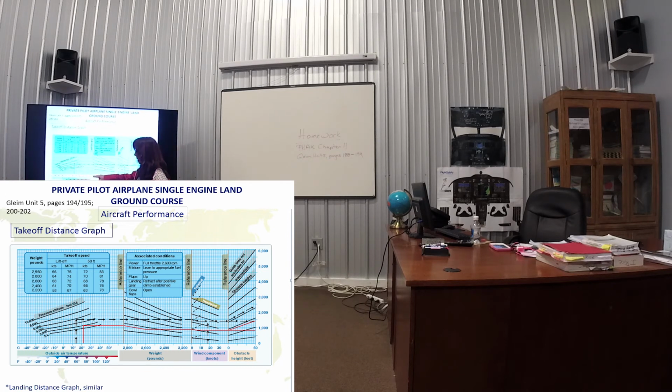Because with this one, in the problem, we have 22 Celsius. We're given 2,000 MSL. So we go up to find 22 Celsius, go up to the 2,000 MSL.